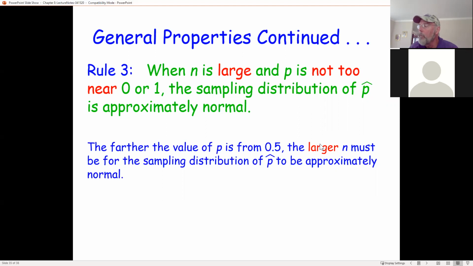What we saw was that a sample size of 100 was probably good enough for our sampling distribution to be approximately normal.